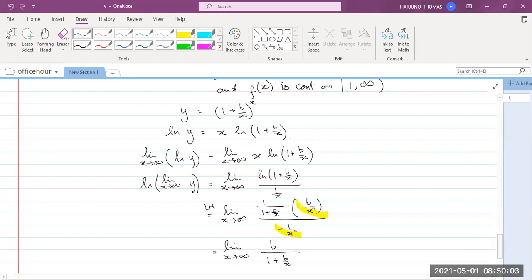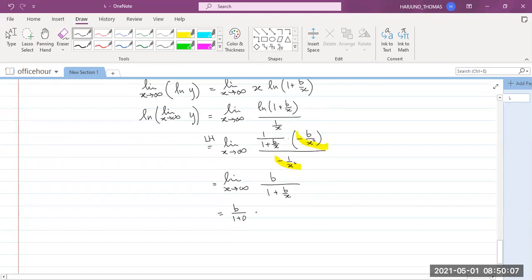When x goes to infinity, it is b over 1 plus 0, which is b. So the limit of y, since we have natural log here, becomes e to the b.